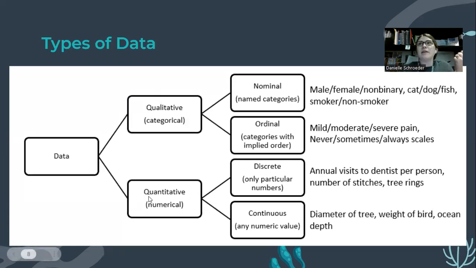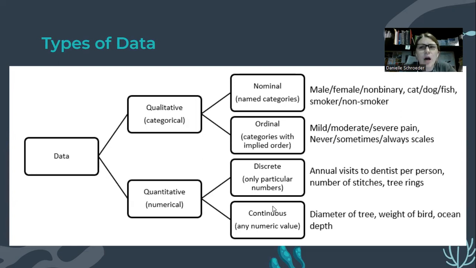Frog weight might be an amount like 25 grams, right? That's numerical, right? And then let's branch off further. Is it discrete or continuous? Can you have any weight of frog, or is there only certain weights that are acceptable? In this case, we could have a frog that is 25.6 grams, 29.11 grams, right? That is a continuous variable.